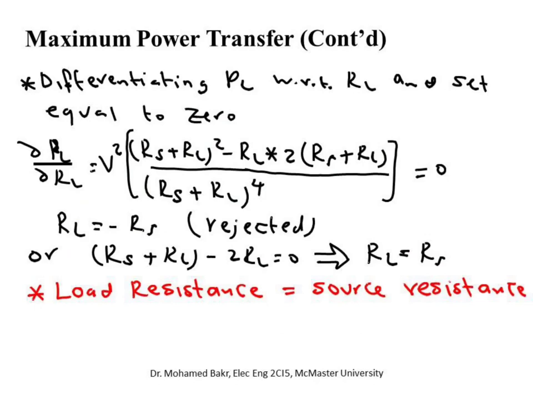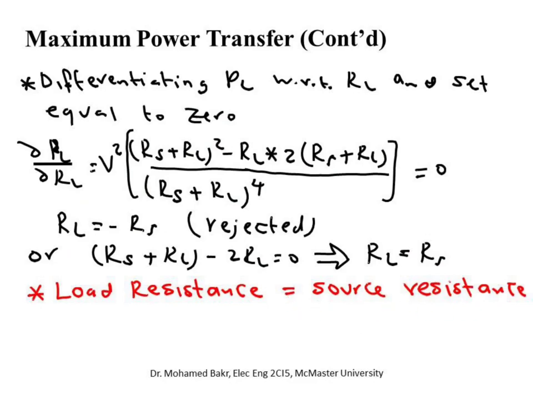In order to maximize the power delivered to the load, the load must have an impedance equal to the impedance of the source. Here we'll talk about resistances, later we'll talk about impedances. The value of the source resistance must be equal to the value of the load resistance. So you have to select your load so that it is matched to the source.